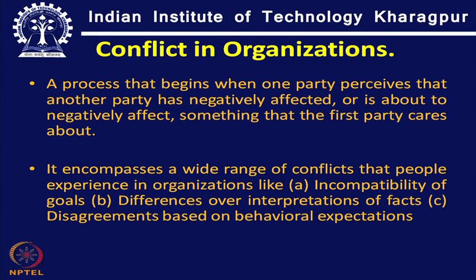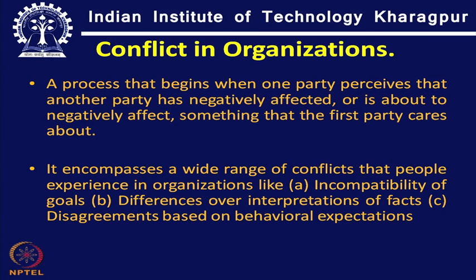one person or more than one party. And when you are talking of conflict, it means there is a dynamic of relationship between these two parties, where one party perceives the presence of the other party as negatively affecting some of their own concerns, and this is something the first party cares about.